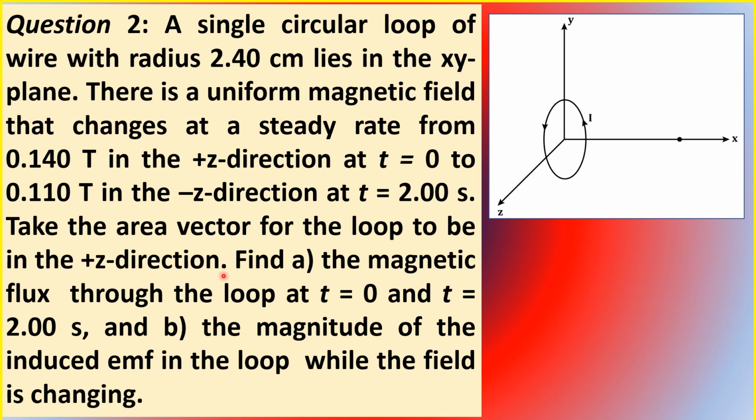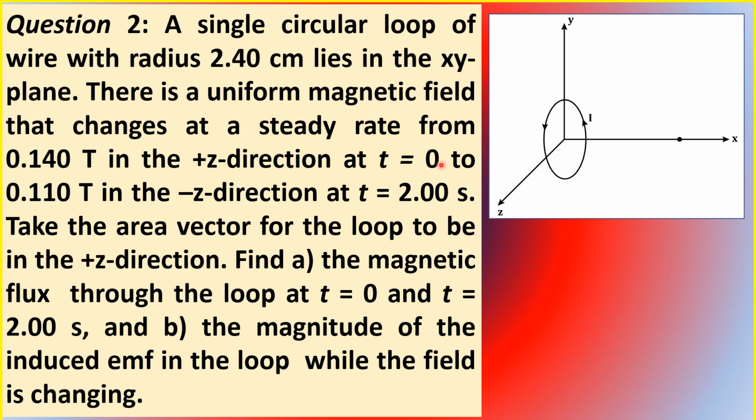Alright? So before I read the question, let's go back to the illustration first. We have the three axes: the x-axis, the y-axis, and the positive z-axis. It says that the circular loop lies in the xy plane.